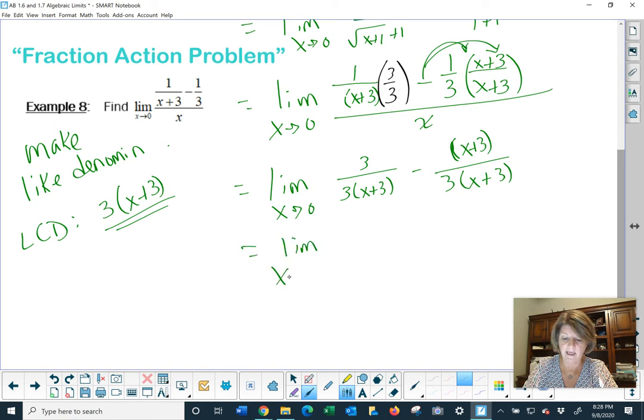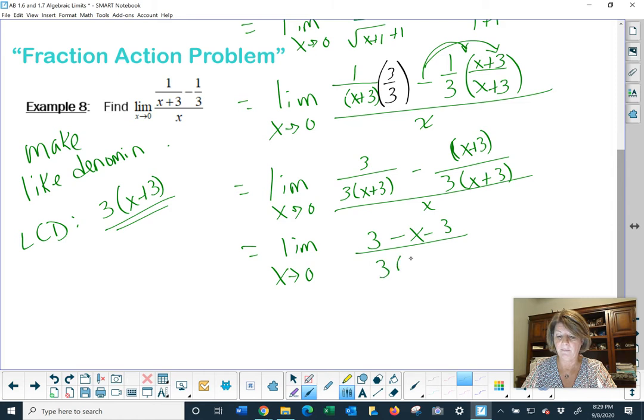The limit as x approaches 0. I almost forgot my denominator of x. Okay, so I'm going to have 3 minus x minus 3 over the LCD of 3 times x plus 3. And then it's divided by an x, but that's like multiplying by 1 over x.